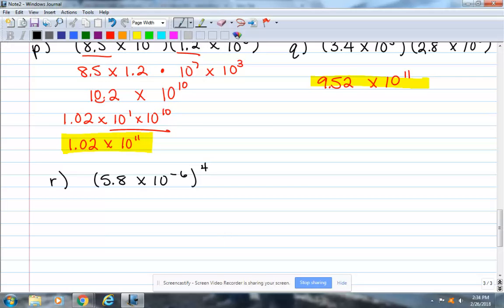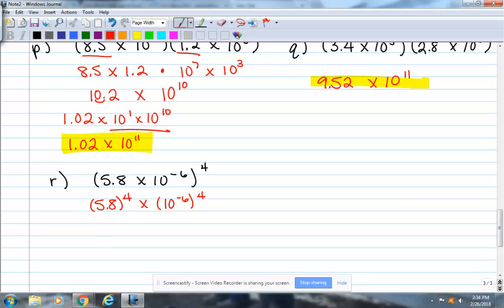You raise everything to the fourth power, which is not the same as multiplying by 4. 5.8 times 4 is not the same thing as 5.8 to the fourth power. You do multiply the 10 exponent by 4, though. I will give you that.